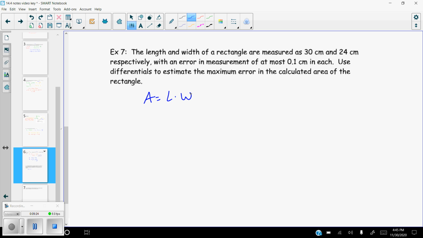Okay, so if we're going to call the area basically like our z, in this case, I could have called it A. It doesn't really make any difference. I'll just stay with A. Just keep it better that way. So we're going to have dA, which is the differential. Now this is going to be a product rule.